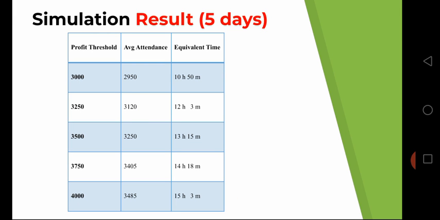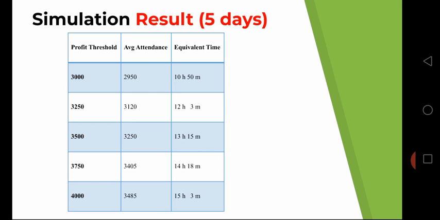The event is held for 5 days. So basically the profit threshold that we set is 600, we have to multiply it by 5, and then we get the average attendance of around 2,950. The equivalent time to achieve that is around 10 hours and 50 minutes.